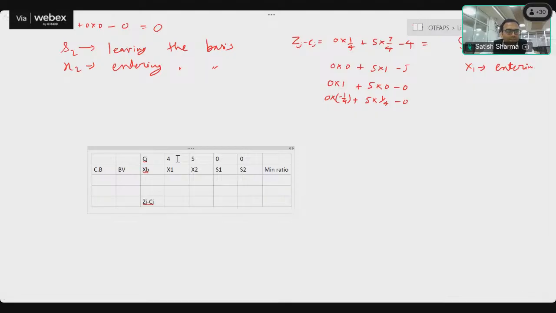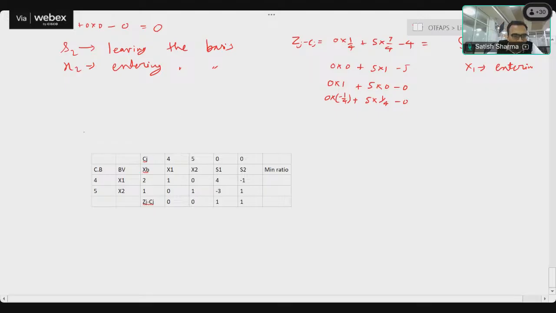And then 4, 5, x1, x2, and xv will be 2, 1, 1, 0, 4, minus 1 and 1, minus 3, 1, 0, 1, minus 3 and 1. Once you solve it, you will get this kind of solution. And then once I calculate the Zj minus Cj, it becomes 1.